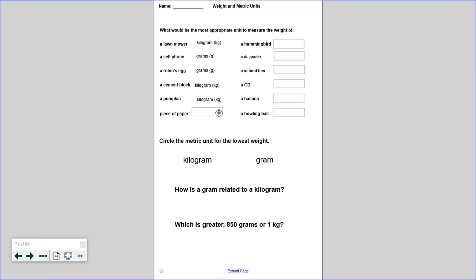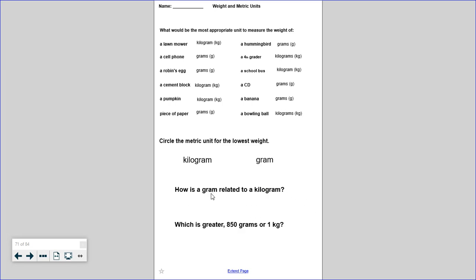Piece of paper, a gram. A hummingbird, those are little bitty, so those are going to be grams. A fourth grader, kilograms. A school bus, for sure, kilograms. A CD, a gram. Banana, grams. And a bowling ball, kilograms. Very good.